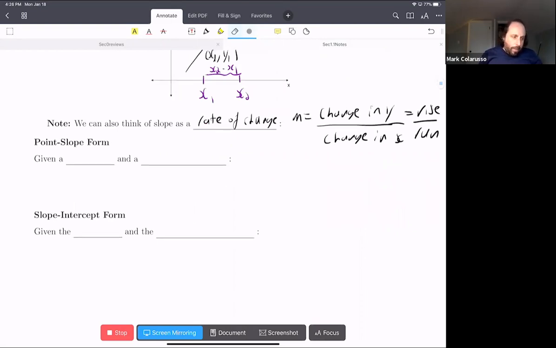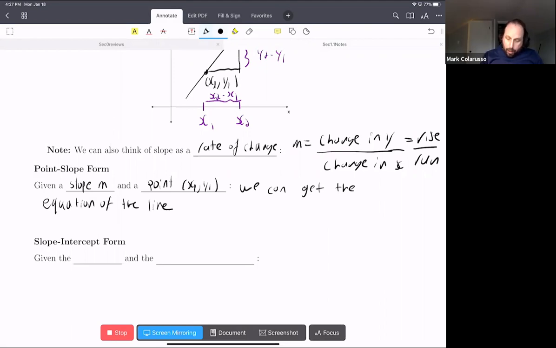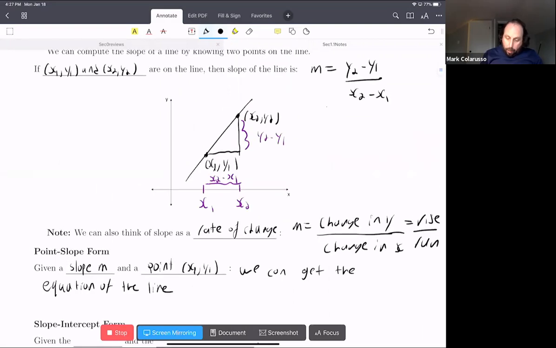So maybe the easiest equation to write down of a line is the so-called point slope form. So if we're given a slope m and a point x1, y1 on the line, we can get the equation of the line by just using this definition of slope that I just gave you above.